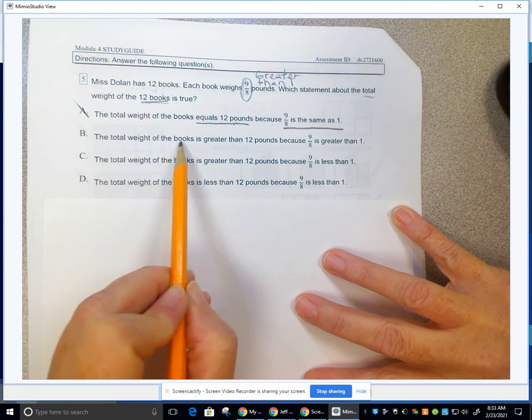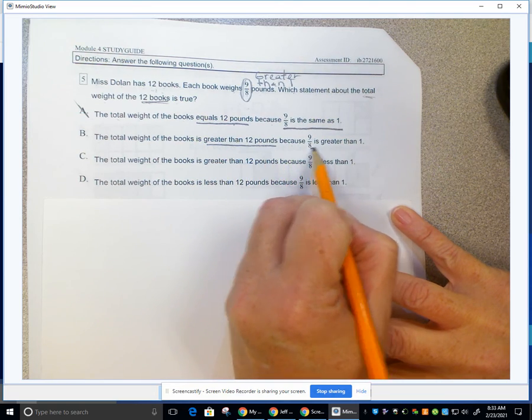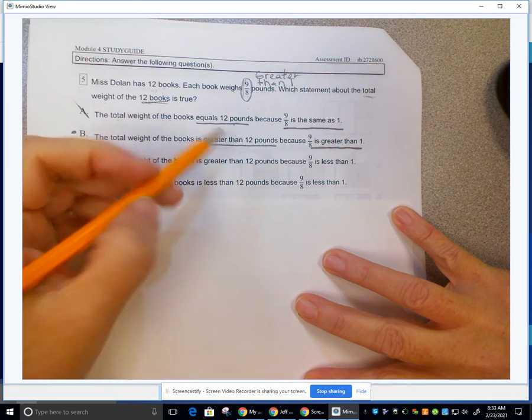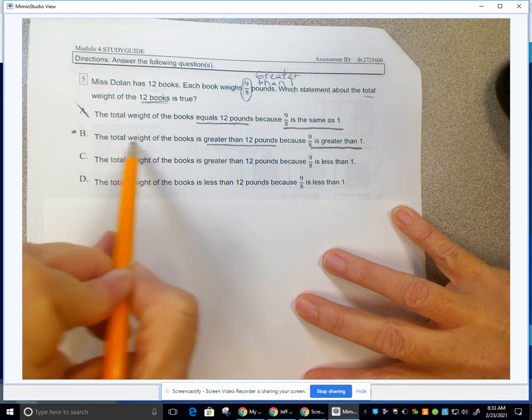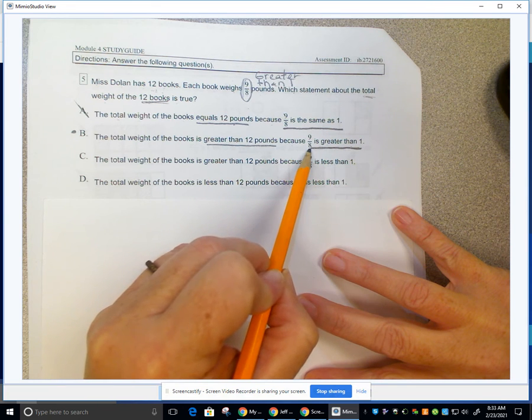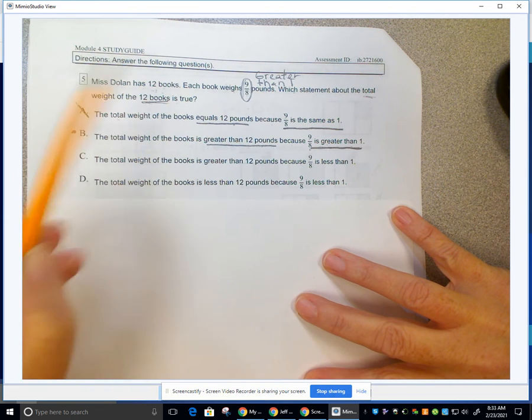The total weight of the books is greater than 12 pounds because 9/8 is greater than 1. I like that. That's telling the truth. And if each book weighs more than 1 pound, all 12 of them would be greater than 12 pounds. But let's don't get cocky.